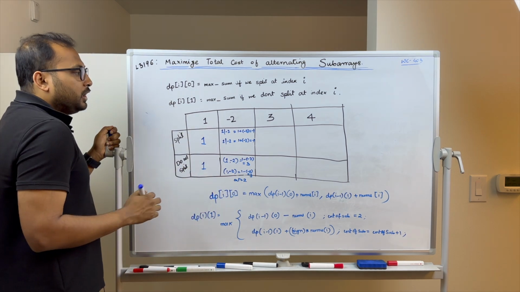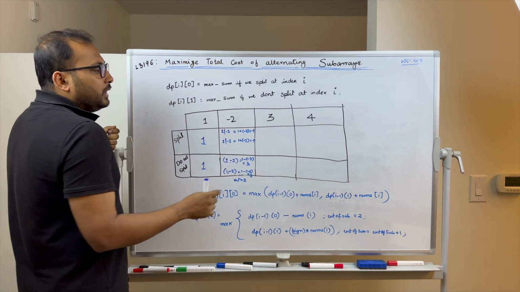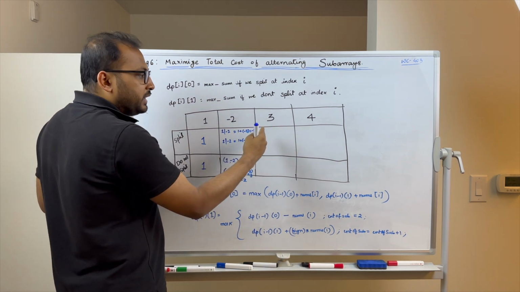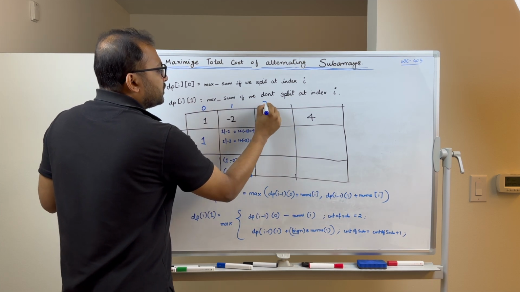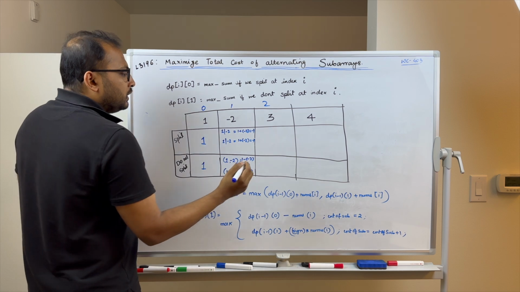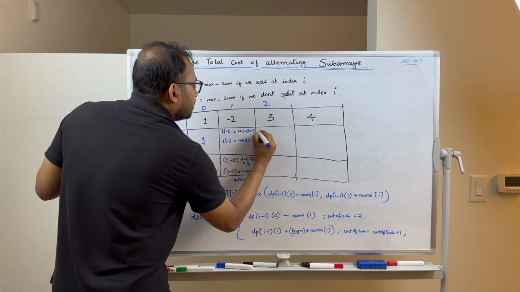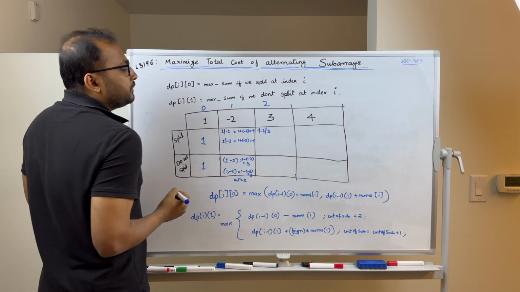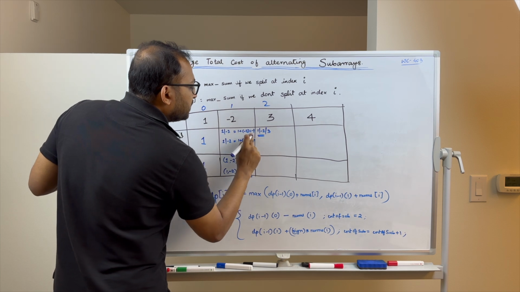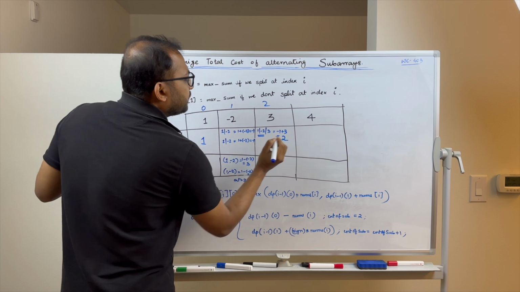Okay, let's move ahead. Now we get one more index, index 3. Let's say what is the maximum sum if we split at index 2. This is index 0, this index 1, this index 2. If we split at index 2, we take whatever we have so far, which was 1 or -2, and we do one more split, we take 3. This value is -1, so -1 plus 3 is 2.